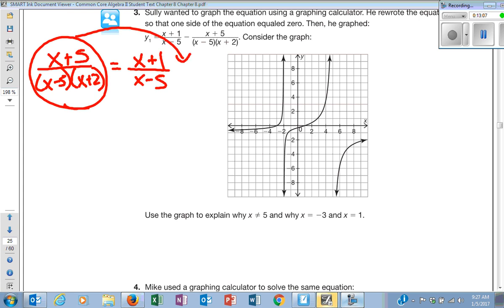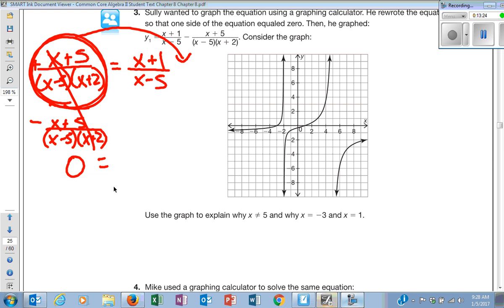How did he do that? Well, since this is all technically a positive number, you just subtract x plus 5 over x minus 5, x plus 2, and that cancels out on this side, leaving it with 0, equals, and then when you move it, you have to do it to the other side, you get minus x plus 5 over x minus 5, x plus 2, and so he ended up with this equation right here.